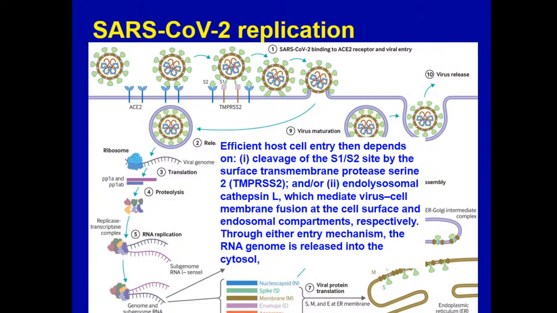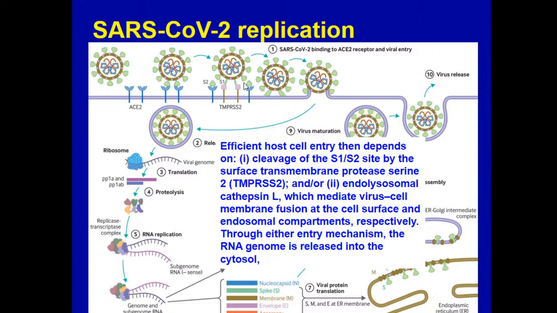Now let's talk about the viral replication, and we will underline the unusual stages or unusual events in the viral replication also. So we mentioned already that efficient host cell entry depends on the cleavage of the spike into S1 and S2.